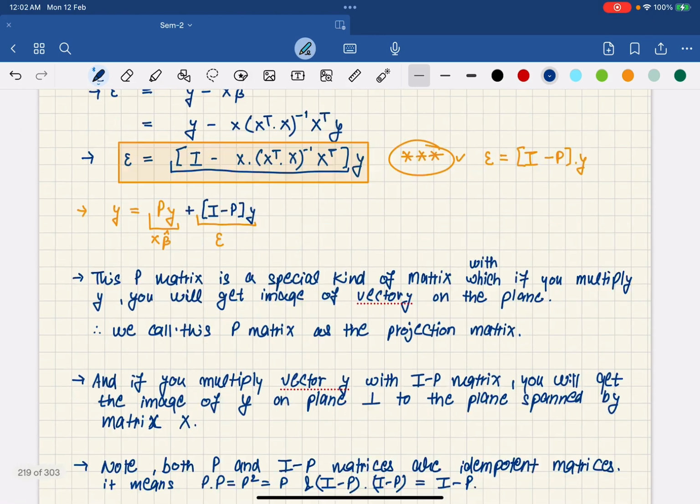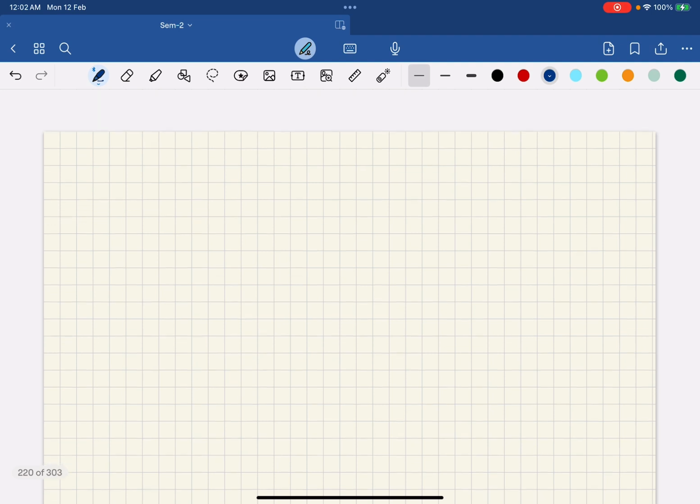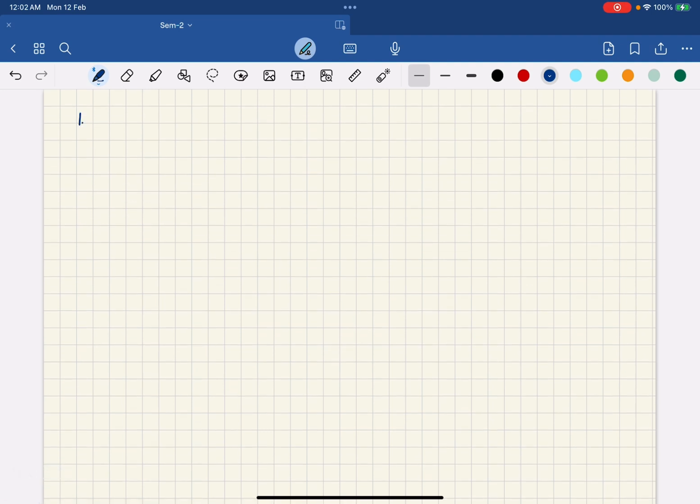Okay, so now we will look at the decomposition of sum of squares.